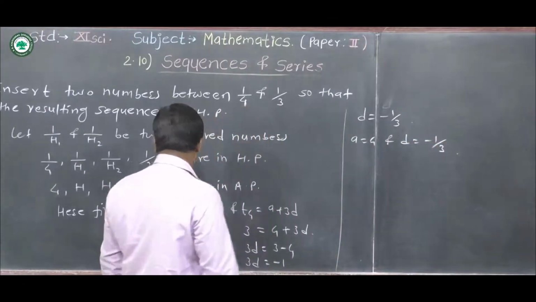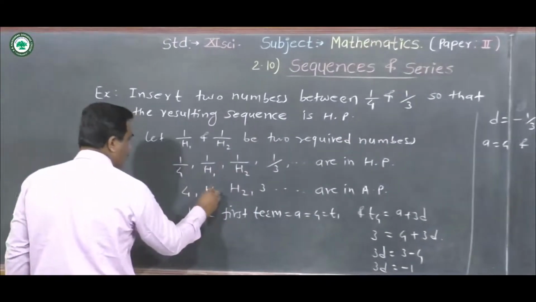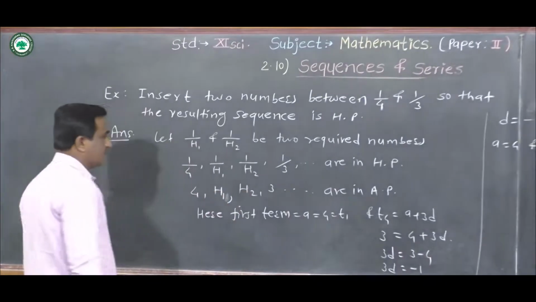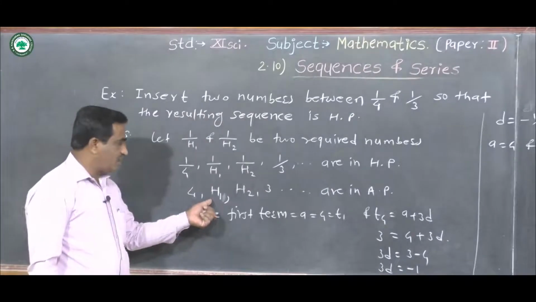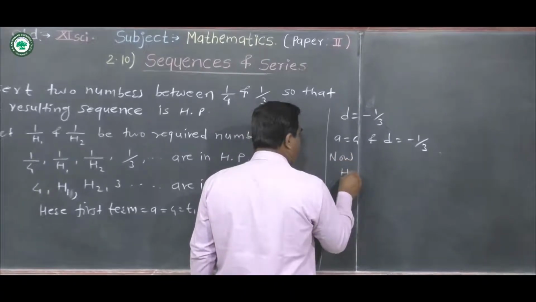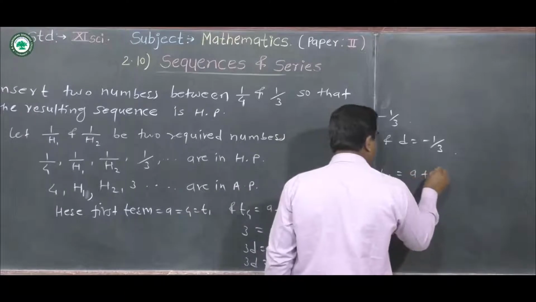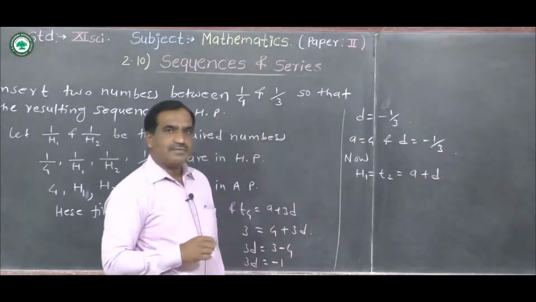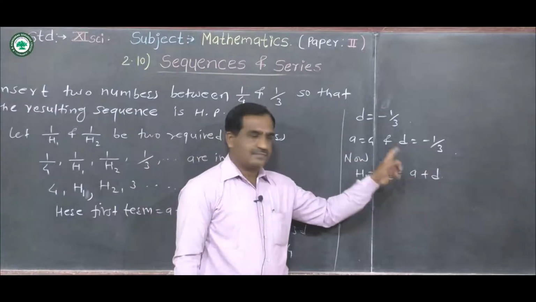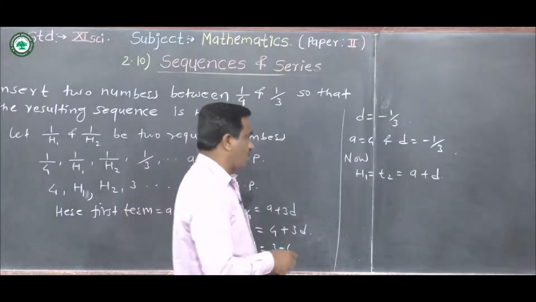Now we have to find the values of H1 and H2. Now H1 means second term, T2. H1 equal to T2 is equal to A plus D. We know that in an AP, first term is A, second term A plus D, third term A plus 2D, fourth term A plus 3D, and so on.